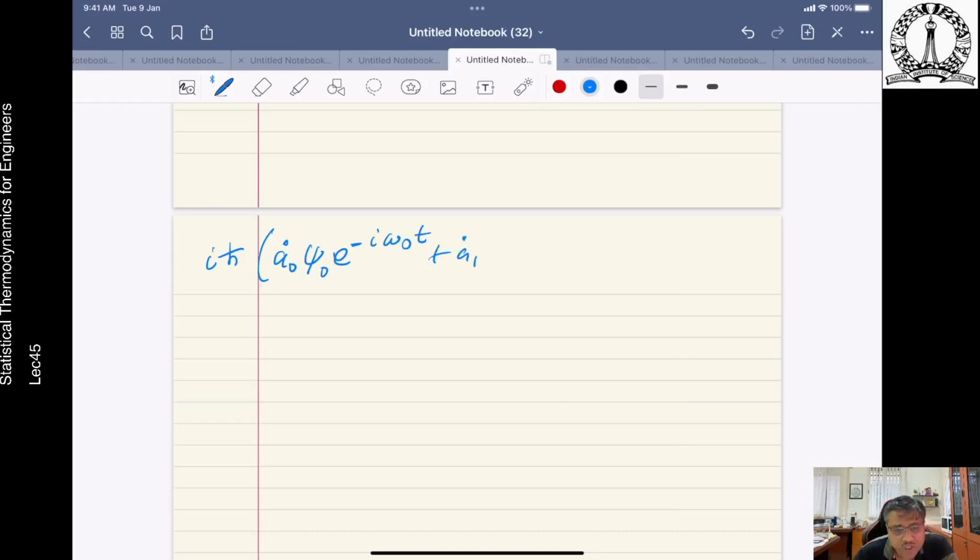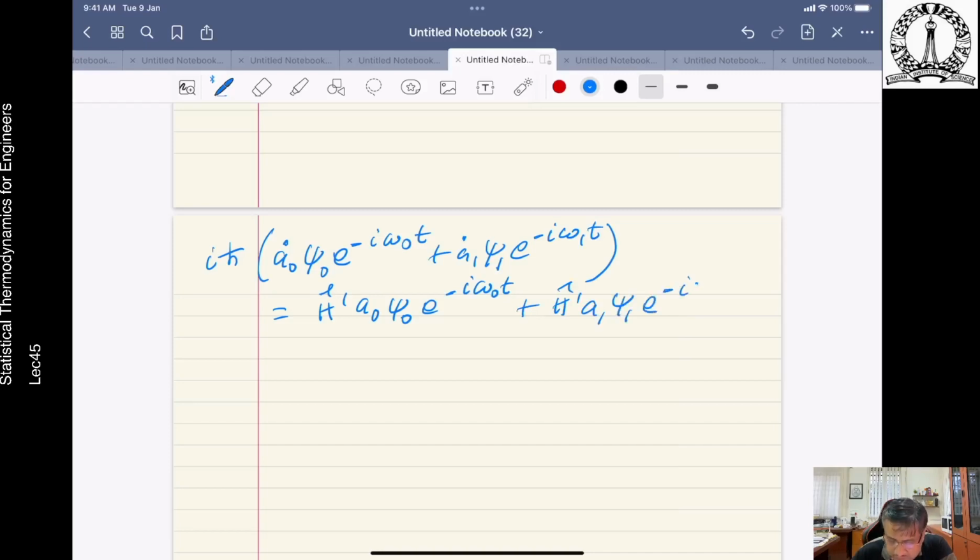The dot means it's a differential with respect to time. Equal to H of a0 ψ0 e^(−iω0 t) plus a1 ψ1 e^(−iω1 t).